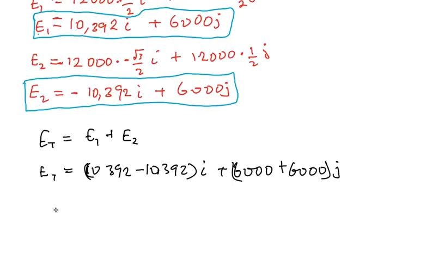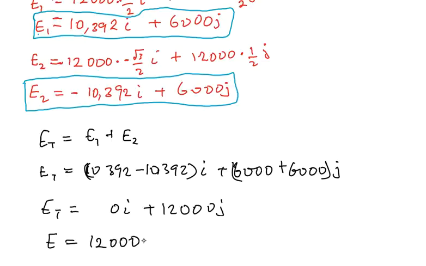This total will be 0 plus 12,000 j. So the total electric field is 12,000 in the direction of j, that is, in the y direction. That's the net electric field.